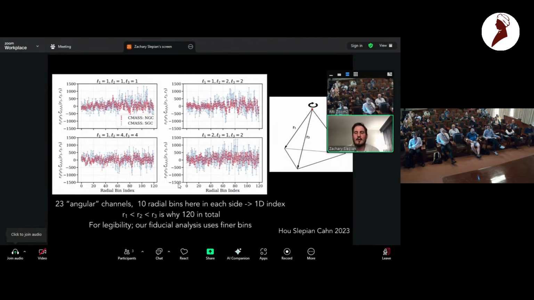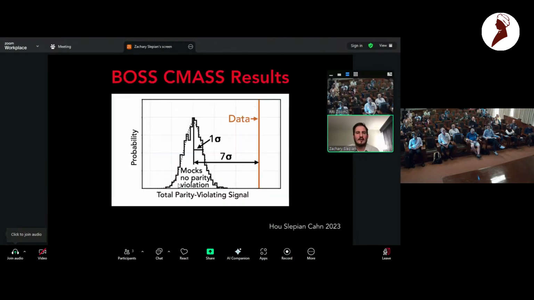And so where the power of this really comes in is taking many, many of these panels. We have 23 panels like this, and co-adding them up. And when you co-add them weighted by inverse covariance, then ta-da, a signal may emerge. So this is the result we got a few years ago with the BOSS data, and it's very simple. On the y-axis is probability, on the x-axis is total parity violating signal measured by chi-squared with respect to a 0 model, no parity violation.